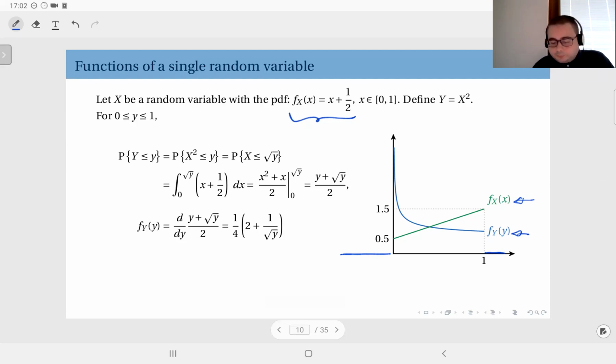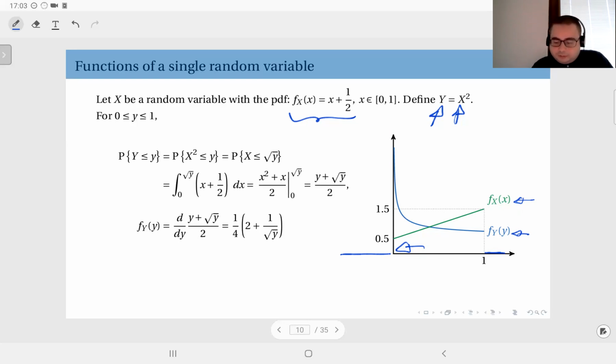But you see, the probabilities are concentrated in the values closer to 0, in the smaller range. Why? Because x here is a value between 0 and 1, and we are taking its square, so it's going to get smaller and smaller. So y will be a number less than x, in fact. Therefore, it should be no surprise that the probabilities are concentrated towards zero.